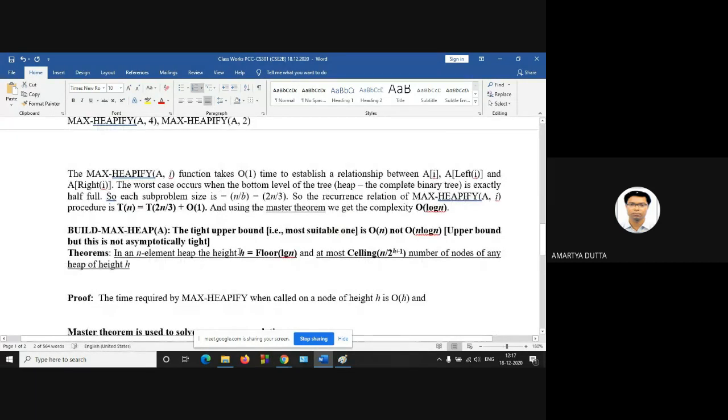So order of log n means height. We know that in case of an n element heap, the height is floor of log n.